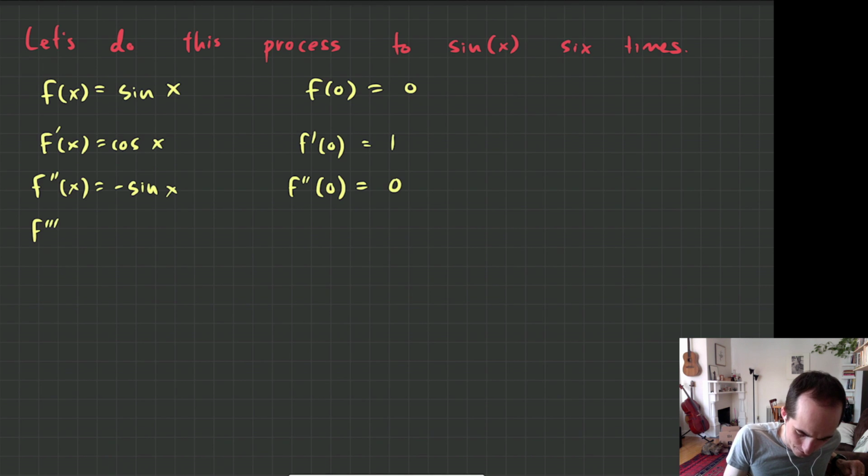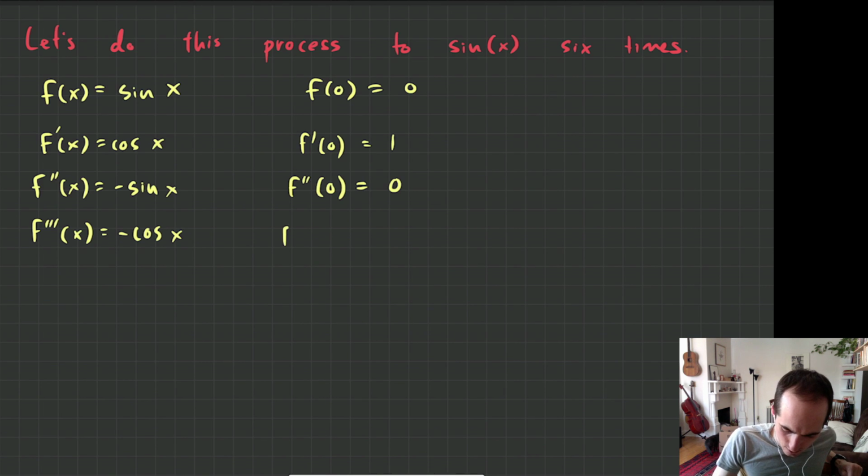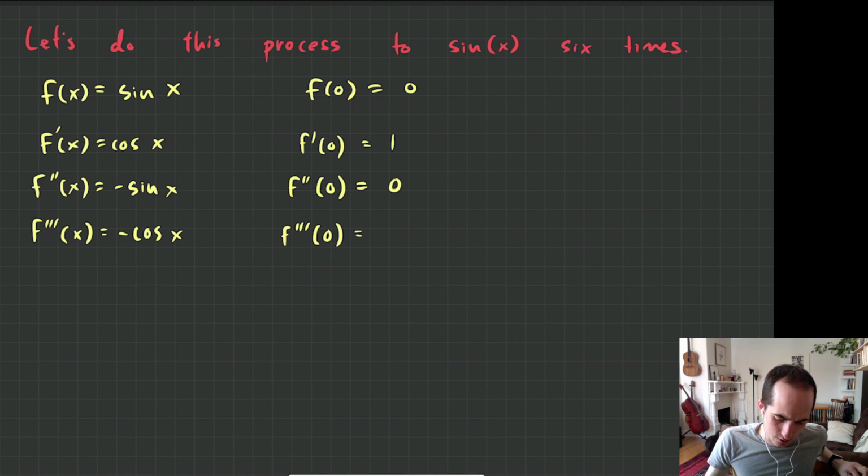F triple prime of x is equal to the derivative of negative sine of x, which is negative cos of x. So f triple prime at 0 is equal to 1, except now it's negative, so I've got negative 1.